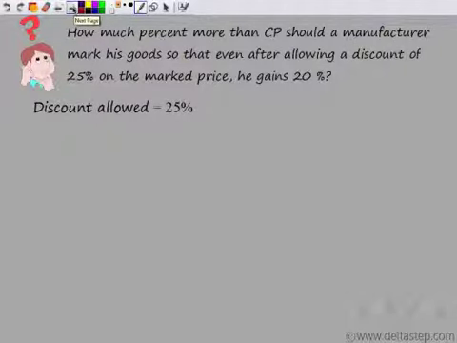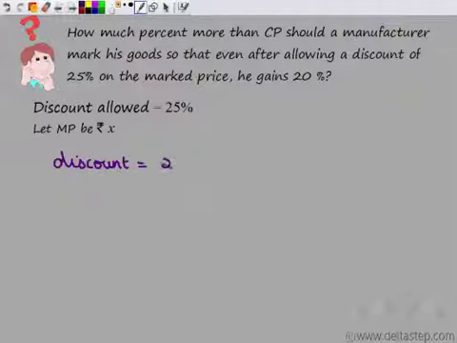He's giving a discount of 25%. Now discount is always given on the marked price. We do not know the marked price, so let's assume that the marked price is rupees X. If the marked price is X, then the discount is 25% of the marked price, which is of X. This turns out to be X by 4.